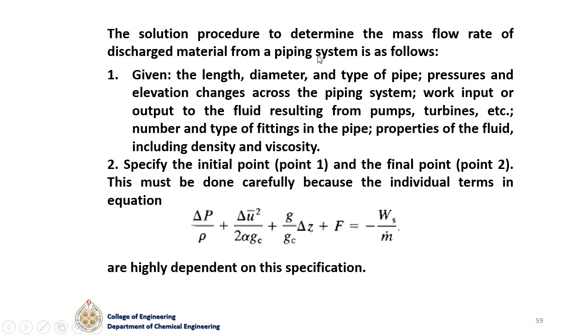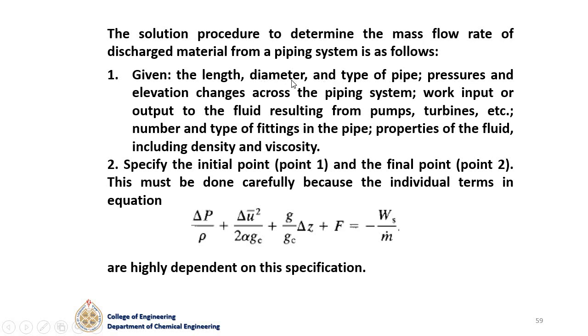Okay, so what is your solution procedure? If you're trying to solve a problem like this, the solution procedure is as follows. It starts with determining the mass flow rate of the discharged material from the system. First, you need to know information about your system: the length, the diameter, and the type of pipe.